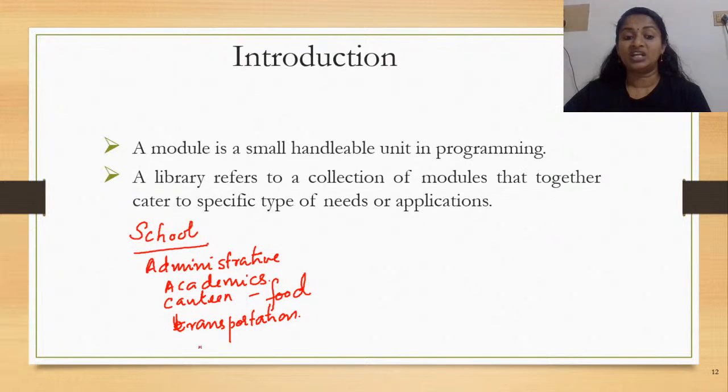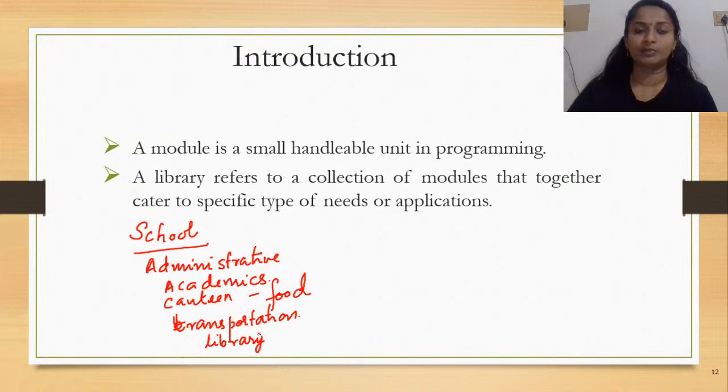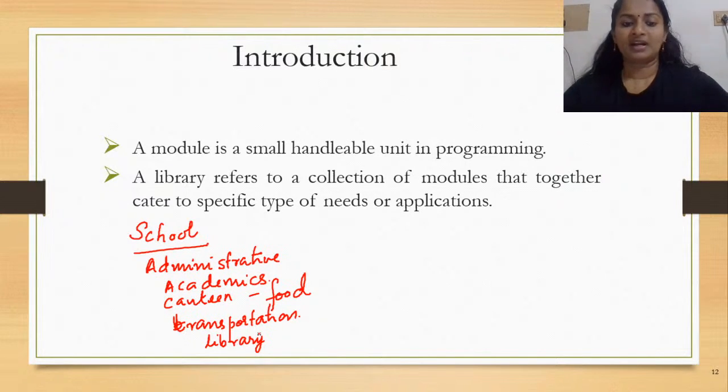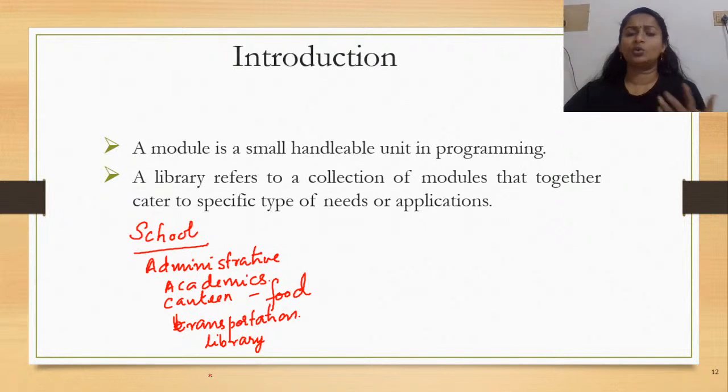Then you would have a library for the school wherein you'll have books, and this can be treated as a separate segment or a module. Likewise, you would have cleaning staff also. Let me name that the housekeeping section. So, there are different modules.